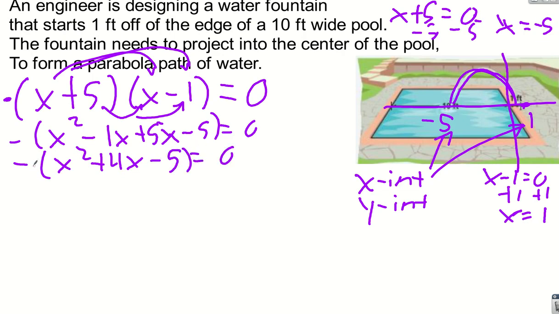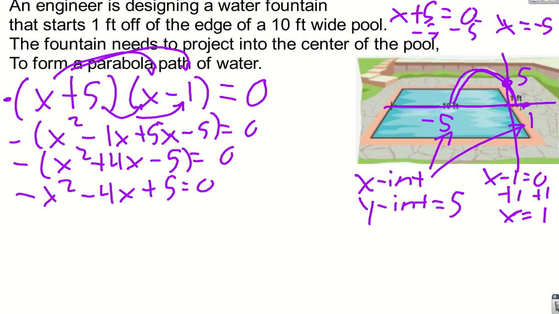And now I have this negative that I need to distribute to all these terms, which just means changing all the signs from positive to negative and negative to positive. As you remember, the last term is going to be my y-intercept. So my y-intercept is going to be 5, which is way up there at 5. And that makes sense so far, that it would be up there.